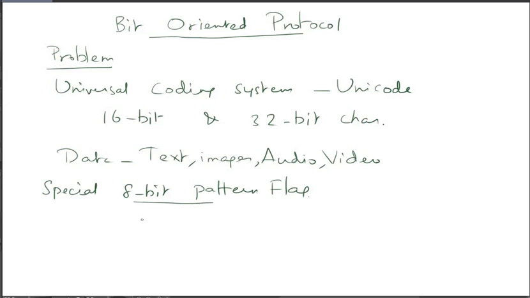This is the 8-bit pattern 0, 1, 1, 1, 1, 1, 1 and 0. This is the pattern which is used to define the starting and the ending of a frame.